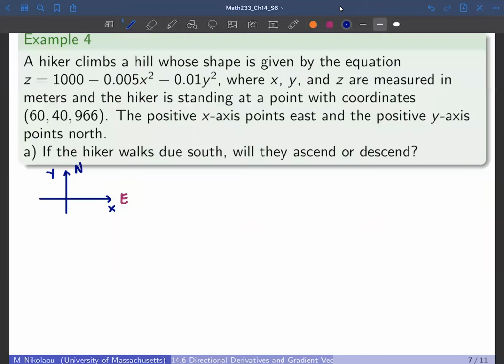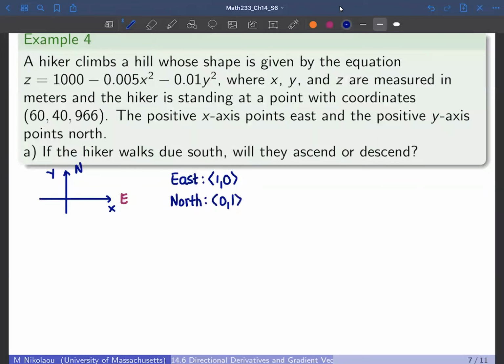One of the vectors that can represent the east direction is the vector with components 1, 0, and one of the vectors that can represent the north direction is the vector with components 0, 1.